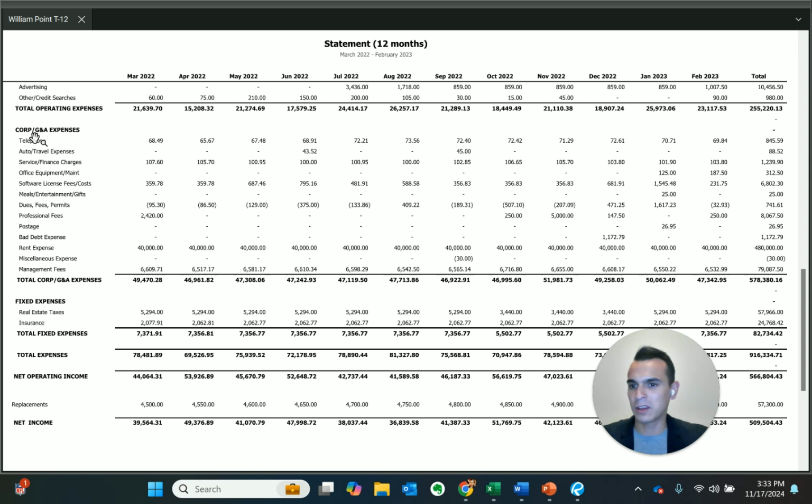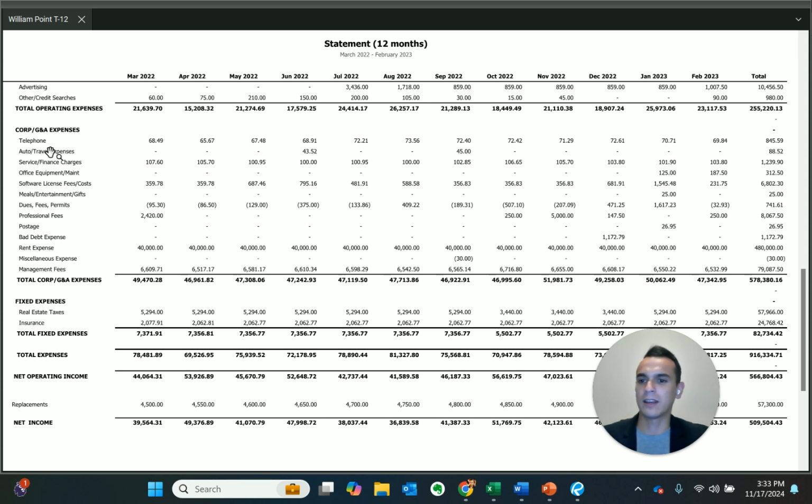Now we're looking at this corporate G&A expenses, which is typically to do with the operation. Call it corporate expenses. I like that term. And you can see just from the line items what that entails. So not so much in the way of actual property maintenance, but more so what does a manager have to use?